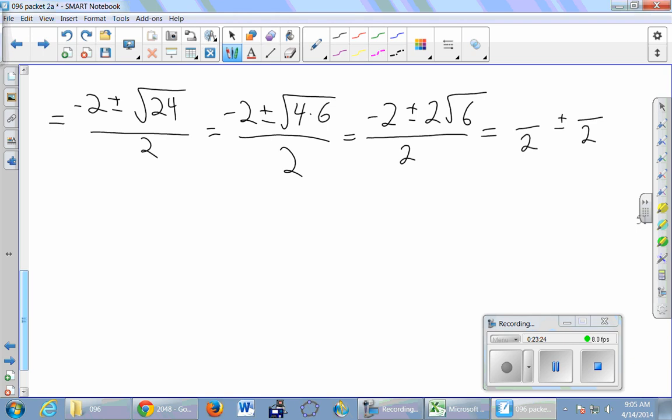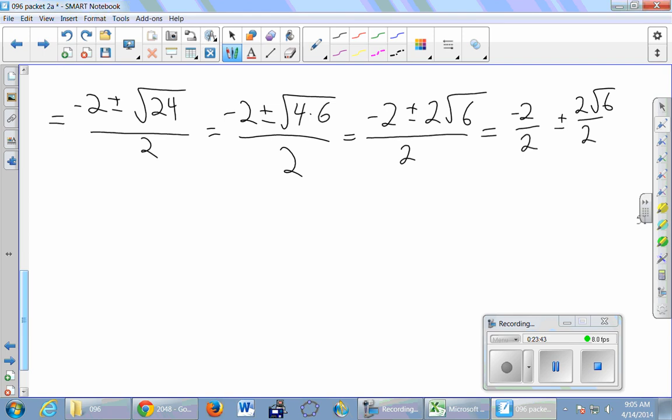And all we do is take the 2 pieces upstairs that have the plus or minus in between and separate them onto our 2 fractions. So the first fraction, what's upstairs? Close, negative 2. Second fraction, 2 square root of 6.